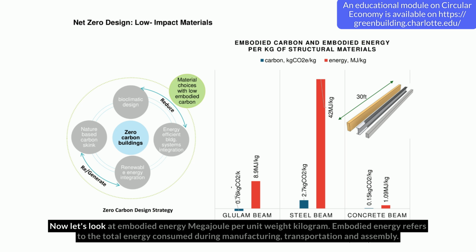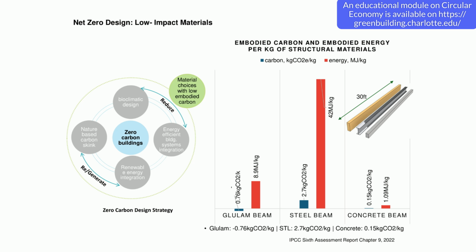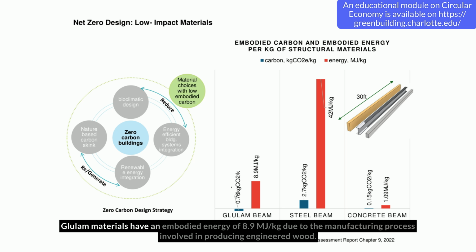Now, let's look at embodied energy, megajoule per unit weight kilogram. Embodied energy refers to the total energy consumed during manufacturing, transportation, and assembly. Glulam materials have an embodied energy of 8.9 megajoule per kilogram due to the manufacturing process involved in producing engineered wood.